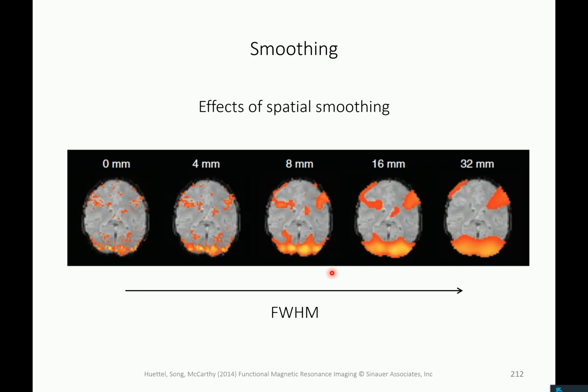If you use a broad full width half maximum, so your filter looks something like this, then the data that you put here has quite a contribution from the neighbors, so it gets smoother. Then you shift the filter window and do the same thing. That's how filtering works.